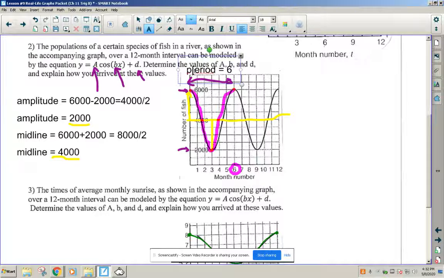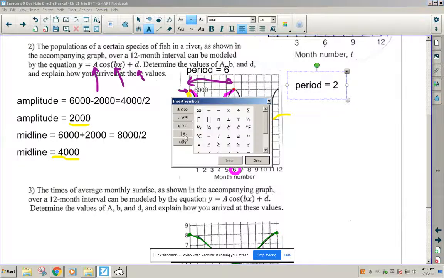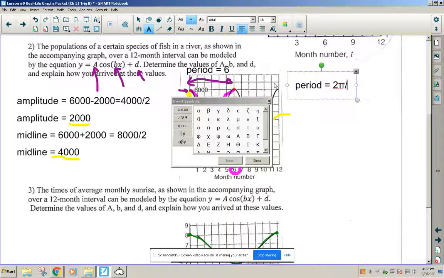Now, if my period equals 6, I need to also recall that the formula for period comes from 2 pi divided by the frequency. So here's my 2 pi, and if I divide this by the frequency, which is b, I already know my period now is 6. So 6 is equal to 2 pi divided by the b, because I don't know what the b is yet.